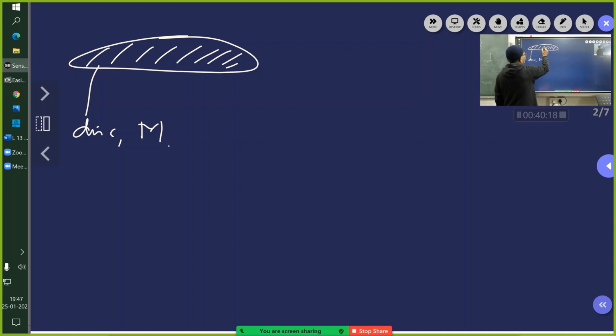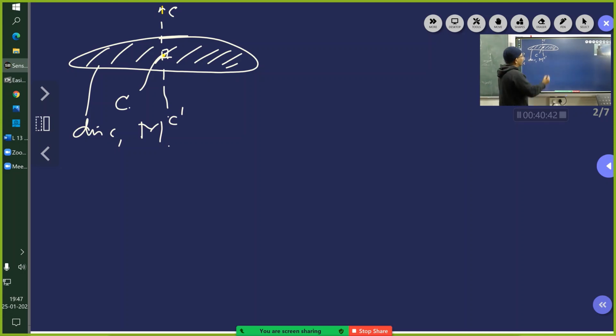So this has got what? Center of mass C is here. Now I am passing an axis through the center of mass, C C dash, something like this, and this is perpendicular to the disc.